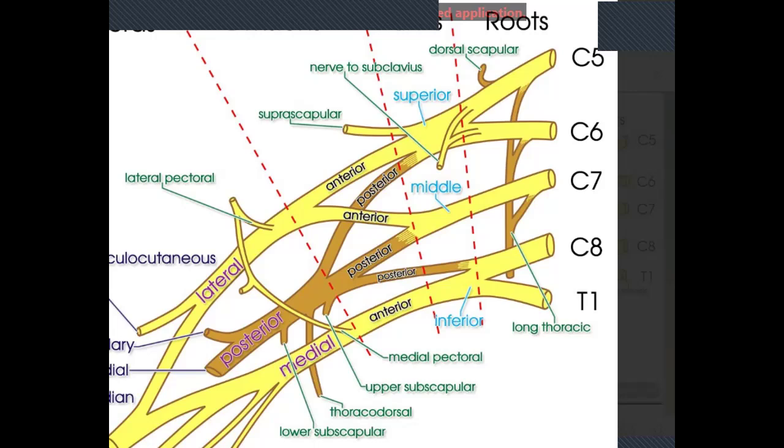All right. So tomorrow, we'll be looking at the lesions or the injuries of the brachial plexus. So revise those because you should know how important these are.